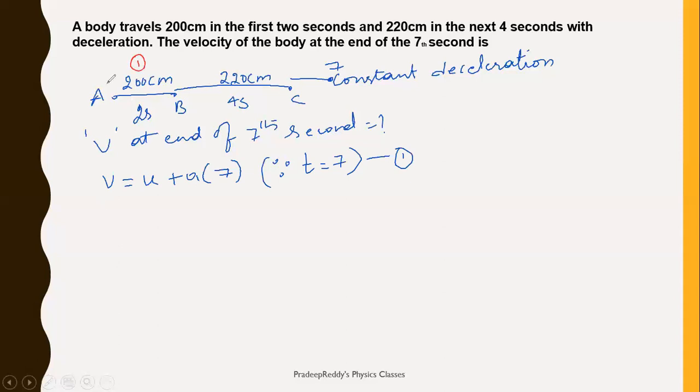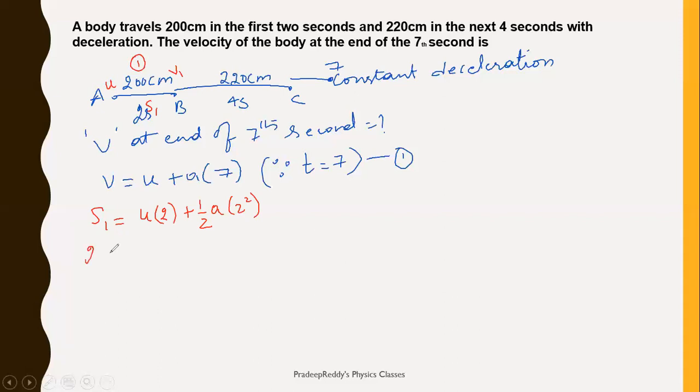Now let the initial velocity be u and the final velocity at this position be some v1, and the distance traveled here is s1. Now this distance traveled s1 is equal to u into t, where the time taken is 2 seconds, plus half into acceleration into 2 square. And this distance s1 is equal to 200 centimeter.